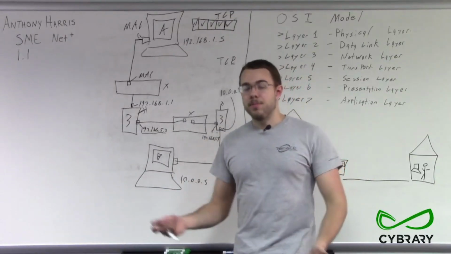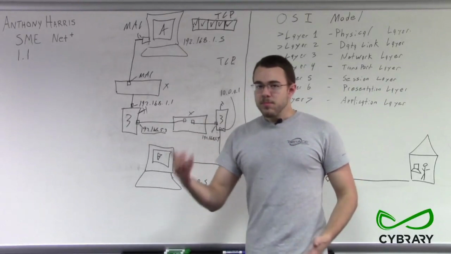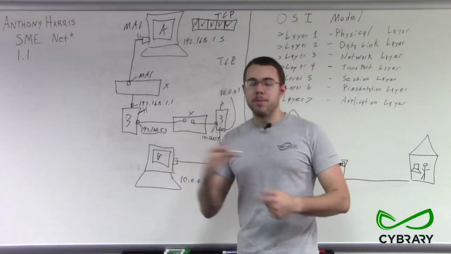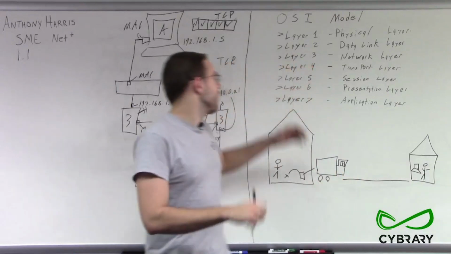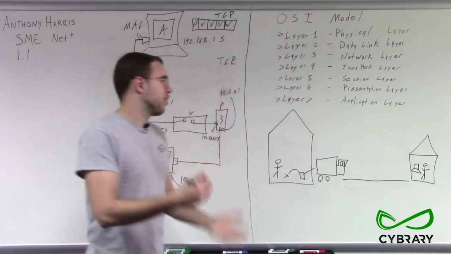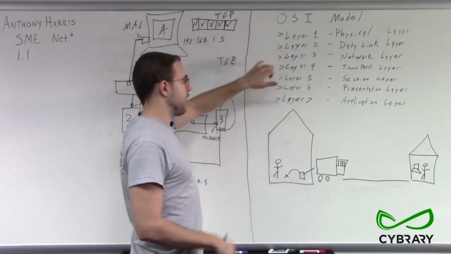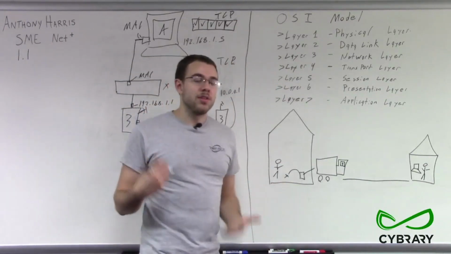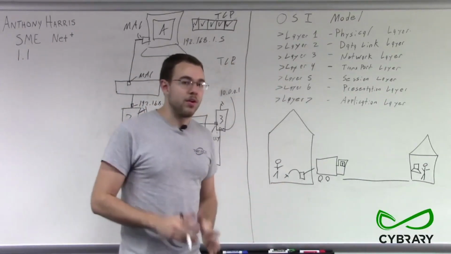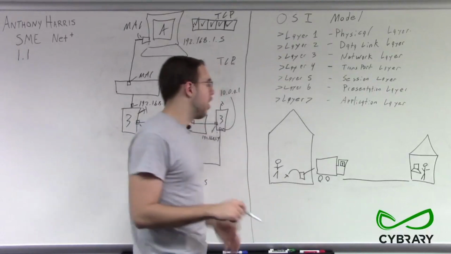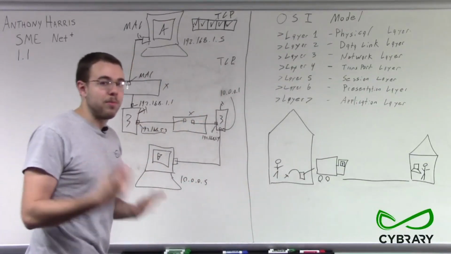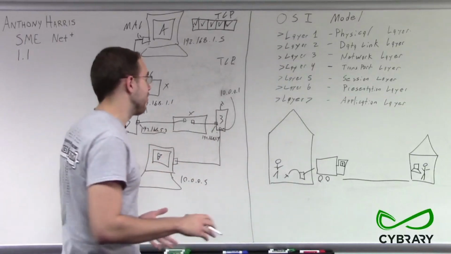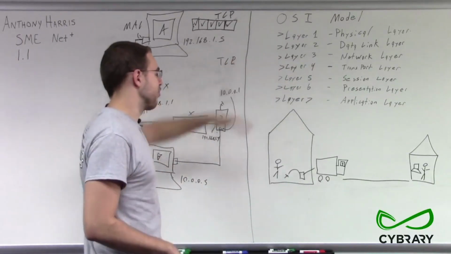But if necessary, you may want to go back and review those layers one by one, and once you get a good solid understanding of the difference between layer 1, our physical layer, layer 2, 3, etc. Once you get a good solid understanding of individual layers, you can see how on our wide scale network here, how those apply and how those can change. And we can see how we can use those for troubleshooting.